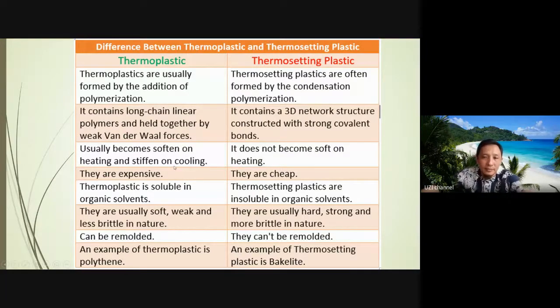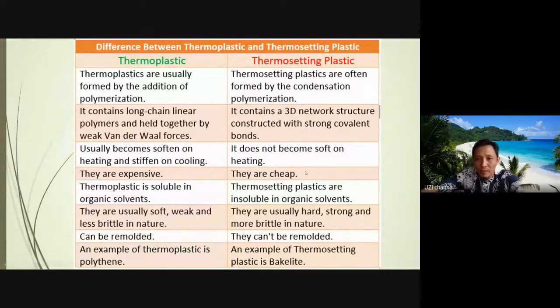Okay, and another difference: thermoplastic usually softens on heating and stiffens on cooling, but thermosetting does not become soft on heating. About the price, normally thermoplastic is a bit more expensive compared to thermoset plastic.